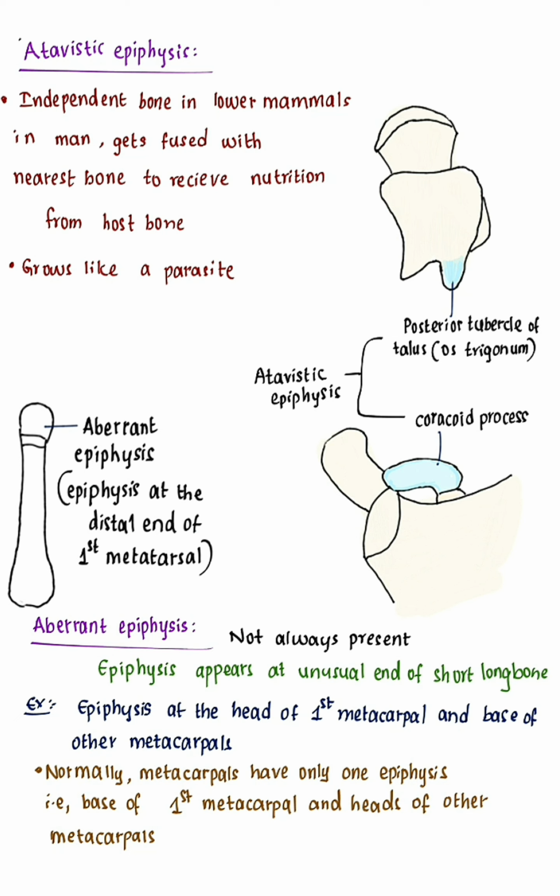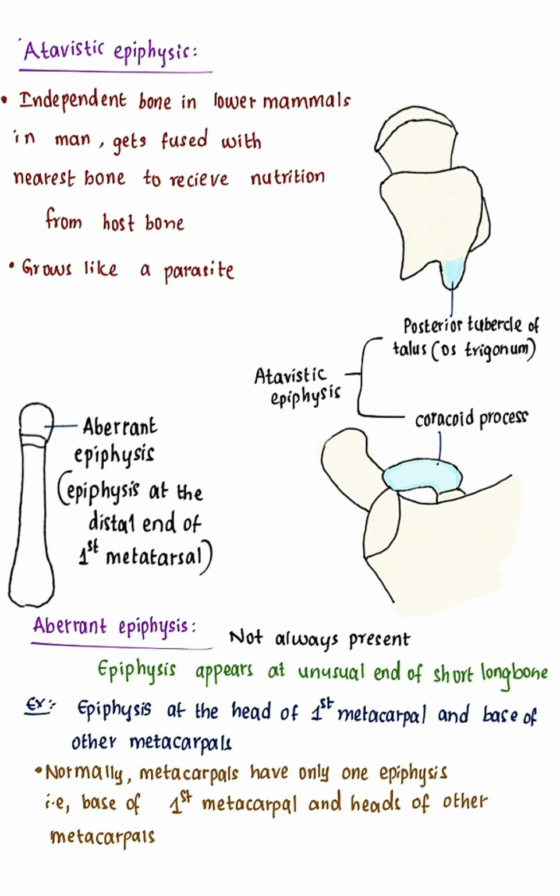Atavistic epiphysis. It is an independent bone in lower mammals, but in man it gets fused with the nearest bone. Why does it get fused?